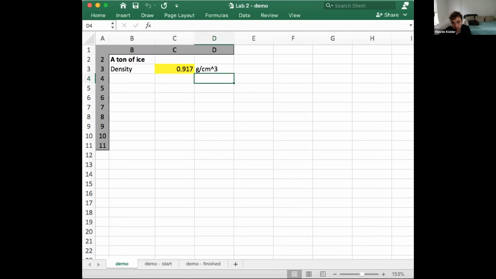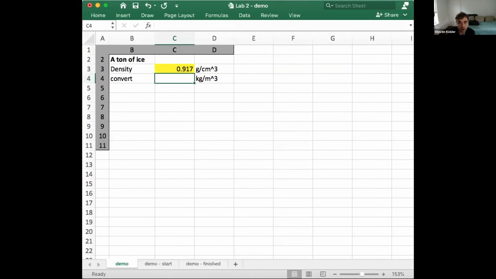Let's get this into units that are, we talked about a truck. I think meters are going to be more useful in kilograms. Okay, so the first thing we want to do is convert this density into, instead of grams per cubic centimeters, kilograms per meters cubed.